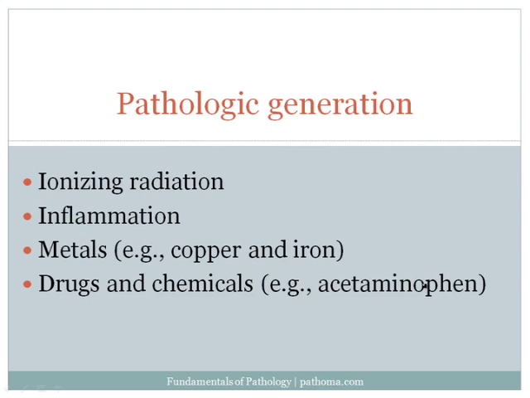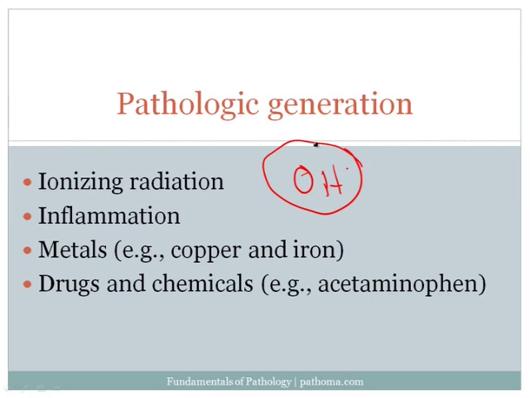Some important examples: ionizing radiation can generate free radicals, and the classic free radical that's generated is actually hydroxyl ion, OH. What's important to recall here is that the way ionizing radiation generates these free radicals is that the radiation actually hits water within tissues, and once it hits water within tissues, one possible consequence of that is the generation of hydroxyl free radical.